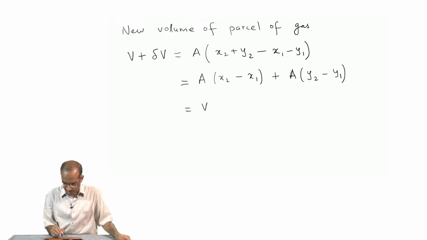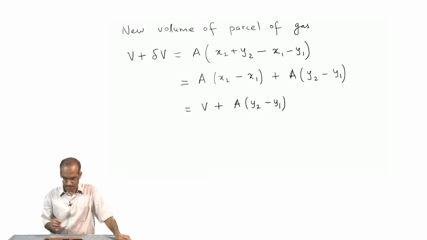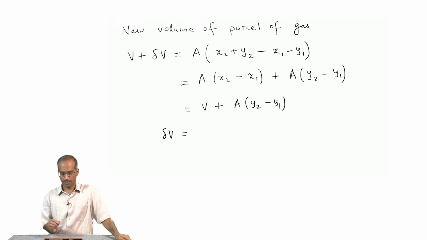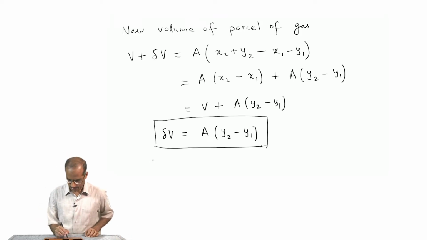So, that will be V plus A into y 2 minus y 1, and V will cancel on the left hand side and the right hand side. So, I will be left with an expression for the change in volume. Change in volume is A into y 2 minus y 1. So, this tells me by how much the volume has changed.